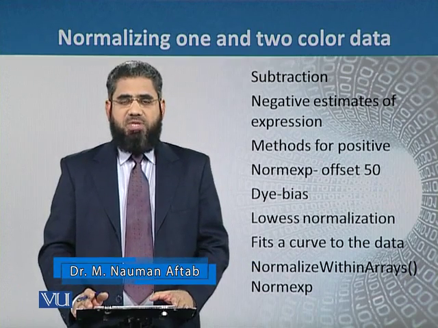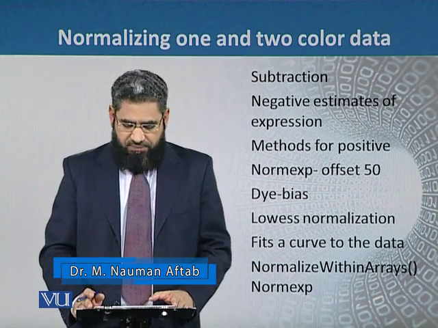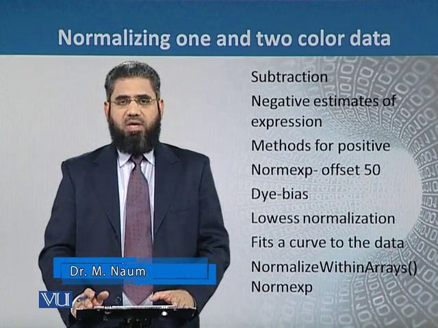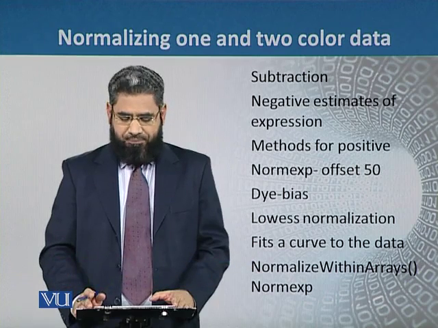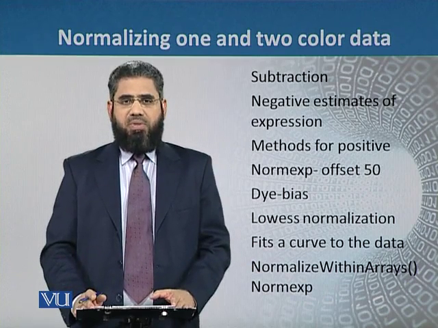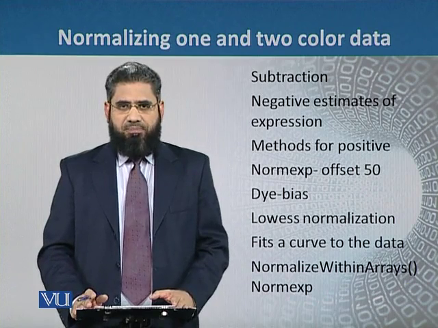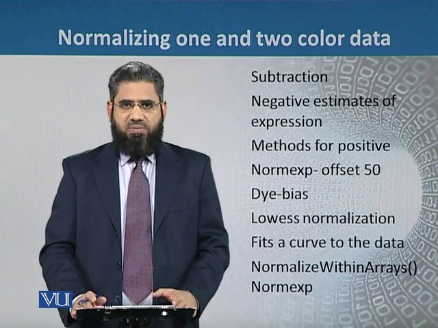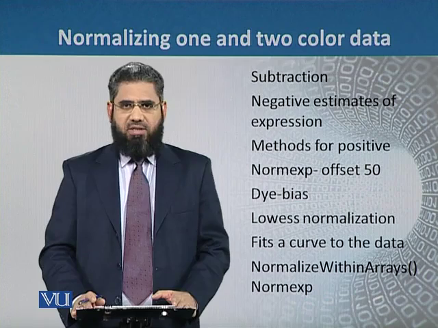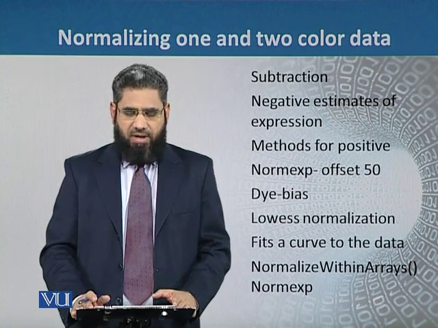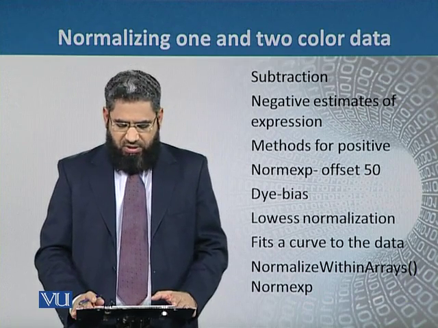One of these processes is named norm_xp with the offset value of 50. So this offset value is added to the intensity of the spots so that it facilitates the process of background correction.